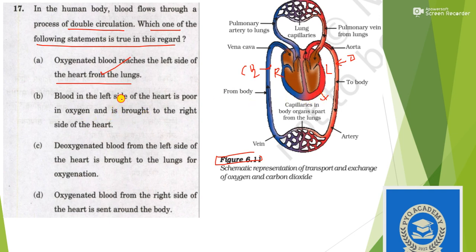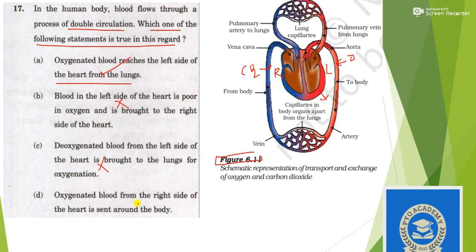So this statement is wrong. Deoxygenated blood from the left side of the heart is brought to the lungs for oxygenation. No, in the left side there is oxygenated blood brought from the lungs, not blood brought to the lungs. That is the case with the right side. So this is also wrong.